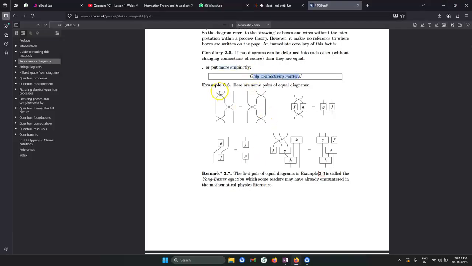So here are some examples. Look at this example because this is something called the Yang-Baxter equation. Now, as a consequence, we can see that this wire connects this input all the way to the right side. So let's just name these actually.